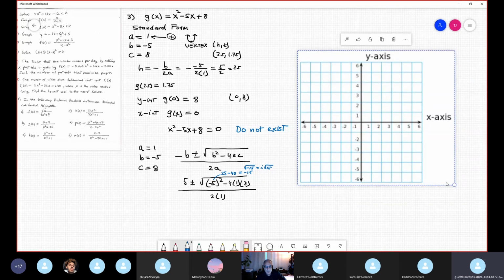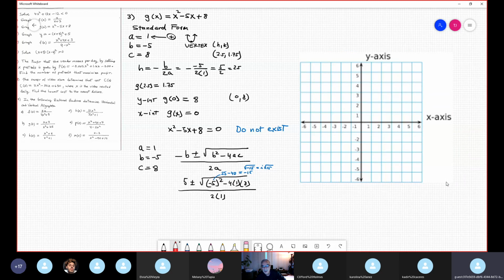The vertex is located at the point 2.5, 1.75. Using my imagination, this is 2.5 in x, and 1.75 is approximately here. This is my vertex. And the parabola opens up. It's obvious you never cross the x-axis.